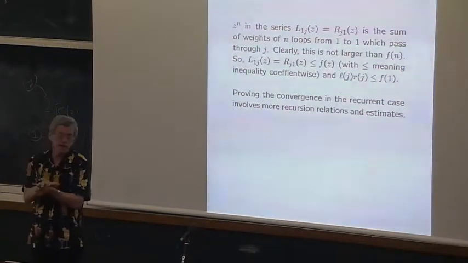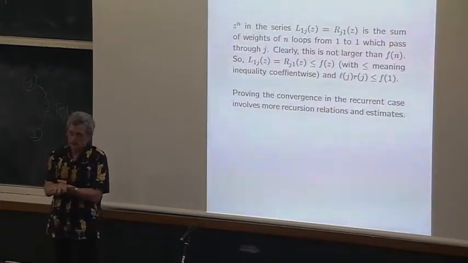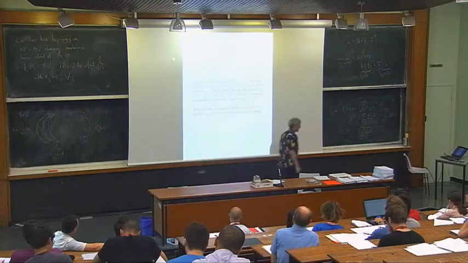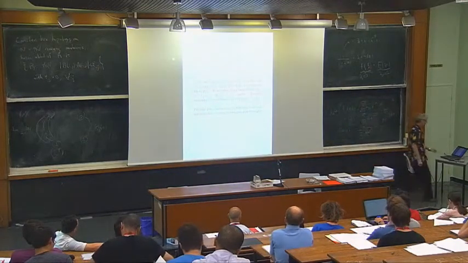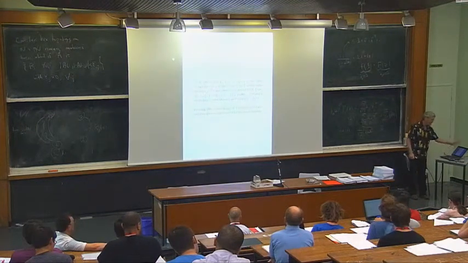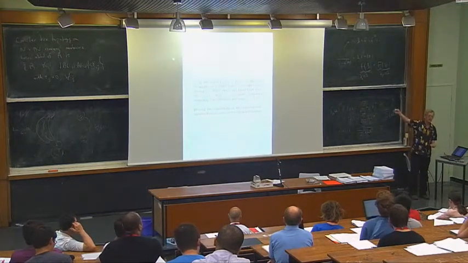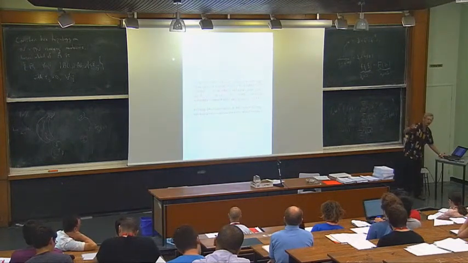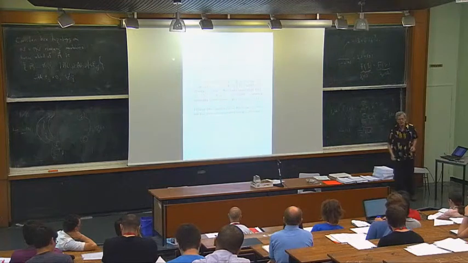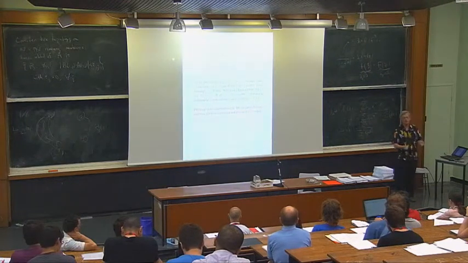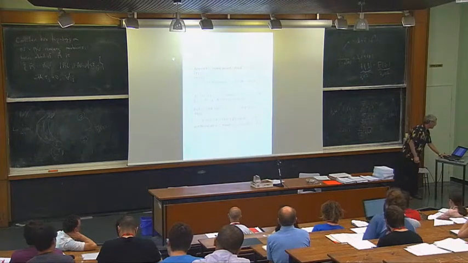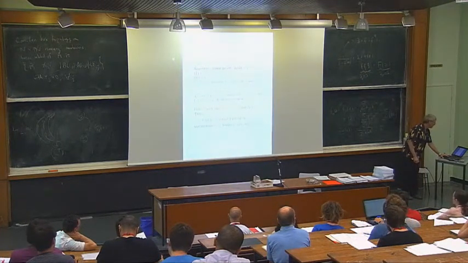So that is now standard and much more reflective of what's going on with the matrix. Anyway, the proof starts to get intricate. There are more series coming in, more recursion relations, and also estimates. Kind of complicated.